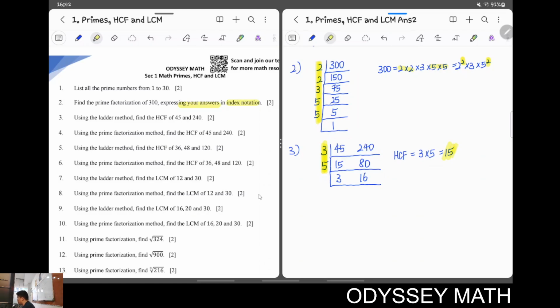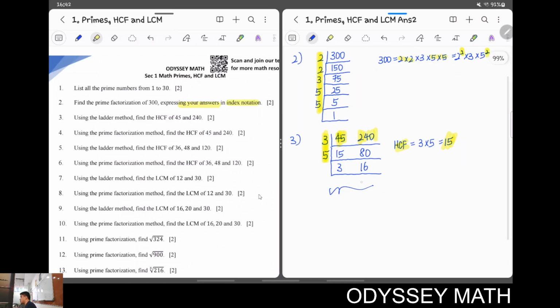So you can check that 15 can divide 45 nicely, and at the same time 15 can also divide 240 nicely. And any number above that, you won't find any other number that can divide 45 and 240 nicely anymore, because 15 is the highest common factor. So that is the ladder method to find the highest common factor.